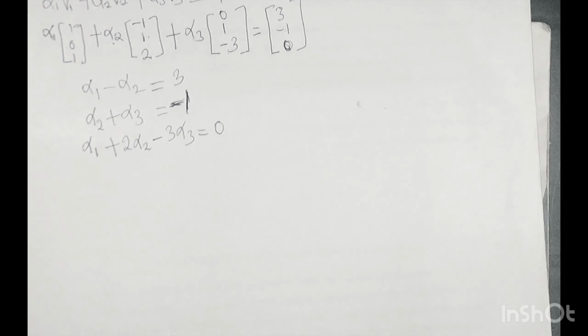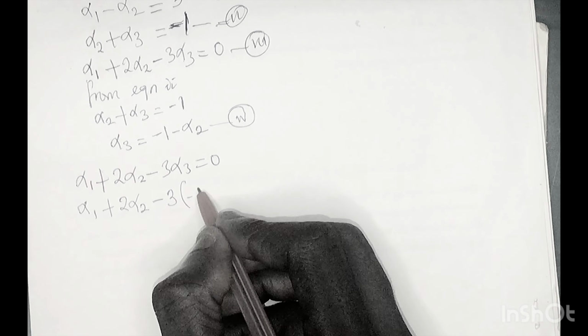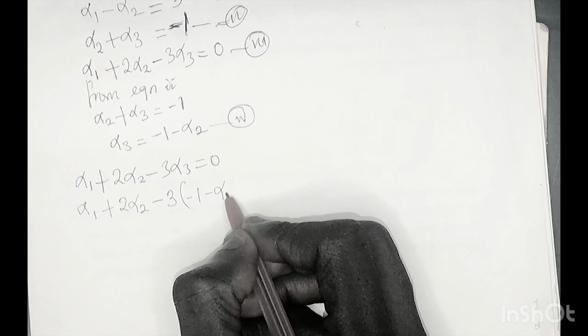So putting this into this, that will be alpha 1 plus 2 alpha 2 minus 3 times (minus 1 minus alpha 2) equals 0. Can you see what I did there now? So that's the major thing you are going to do first. Opening the bracket, you are going to have alpha 1 plus 2 alpha 2 minus 3 times minus 1, which will give us plus 3.